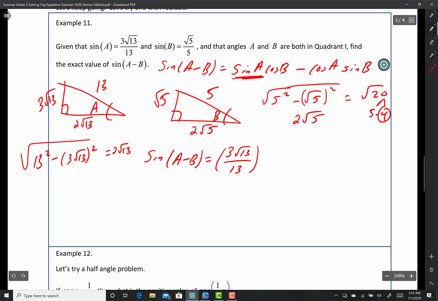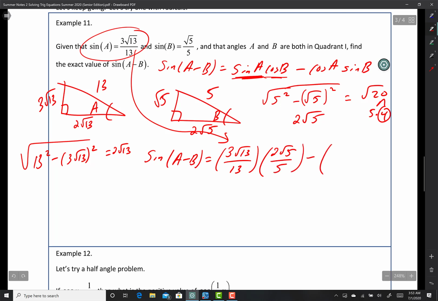Good thing I caught it. Sine A, cosine B. Cosine B is 2 square root of 5 over 5 minus cosine A, that one is 2 square root of 13 over 13. And then sine B is square root of 5 over 5.